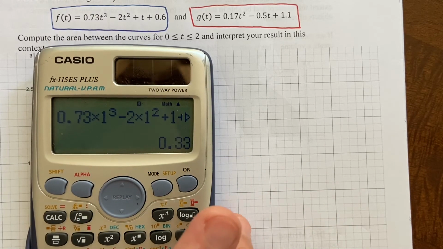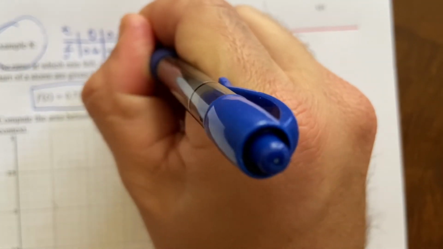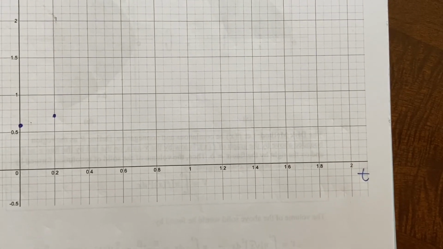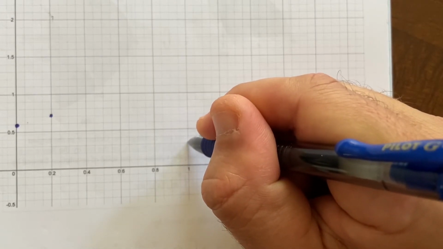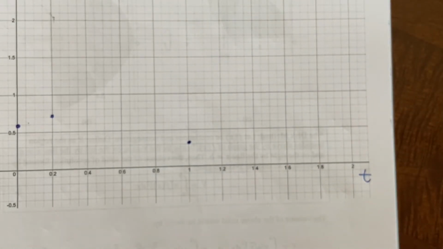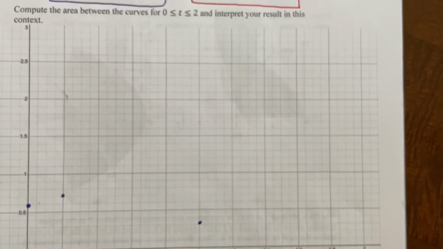So about 0.33. Okay, so I'll graph that. At 1, it's a little more than 0.3. Right about there. Let's see what's happening, I don't know, over here at 1.6, and then I'll probably do 2, and I'll call that good.